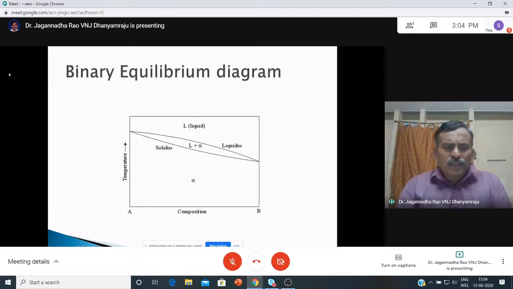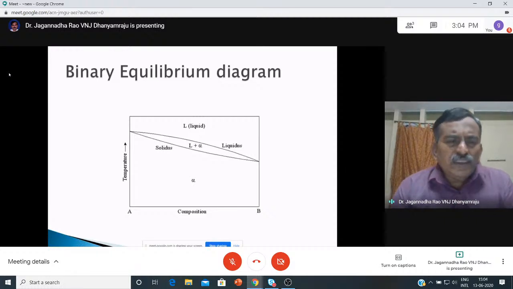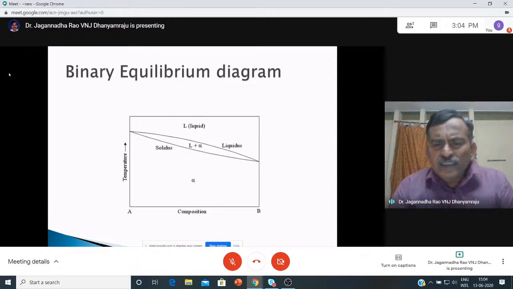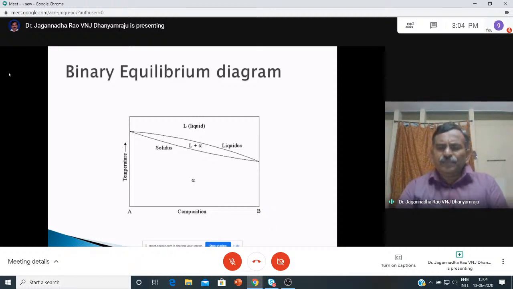And if you see the left hand portion of this diagram, there is a point where three curves meet. That is nothing but the melting point of A. And on the right side, there are three lines meeting.